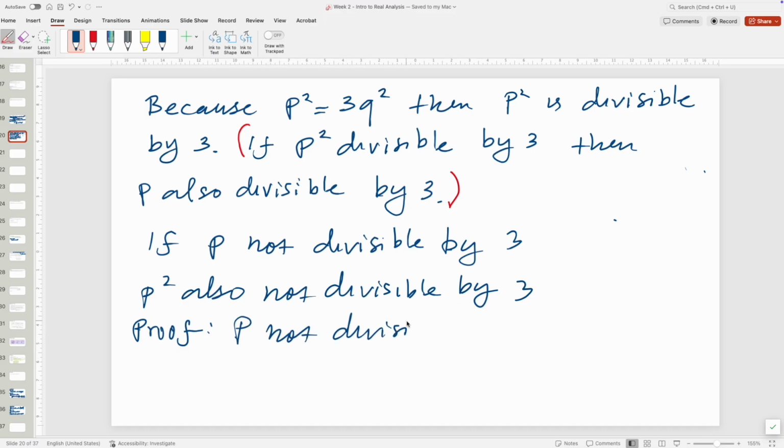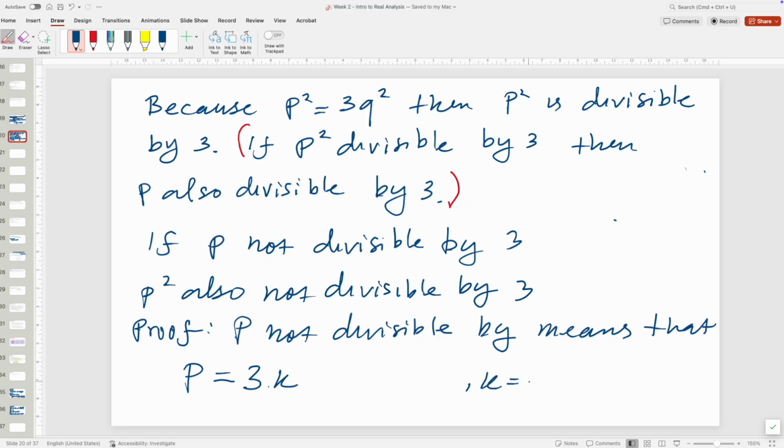P not divisible by 3 means that I can write P as 3 times K, where K is any integer: 1, 2, 3, 4, and so on.